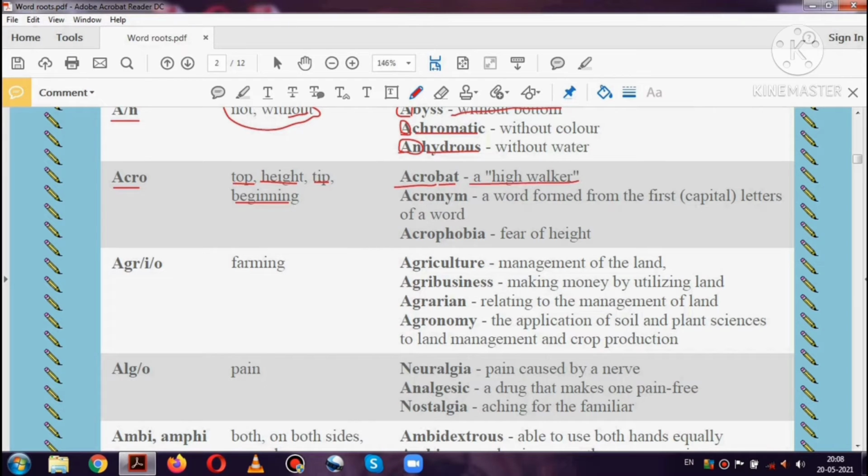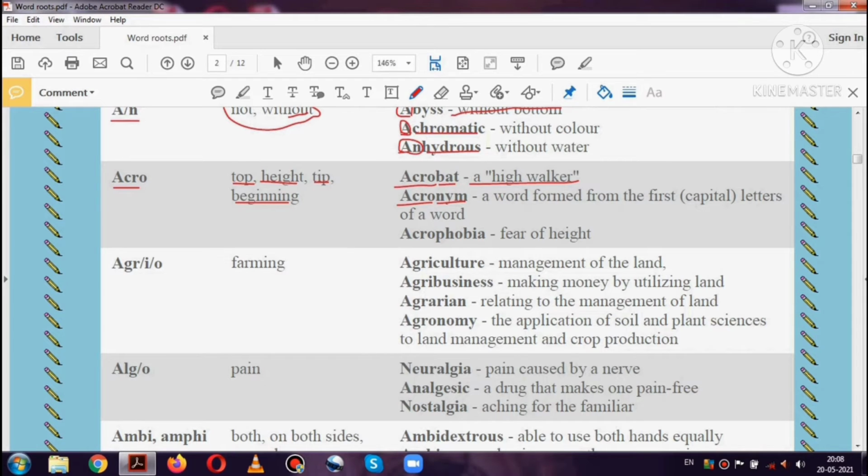The next word is acronym. Acro means beginning and nym means letter. So the words formed from the first or capital letters are known as acronyms.